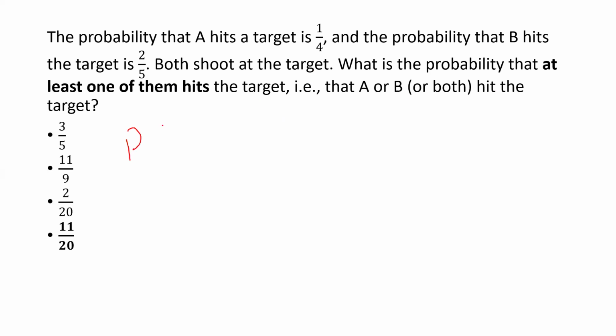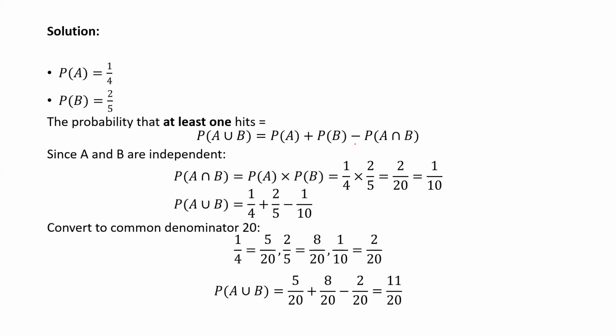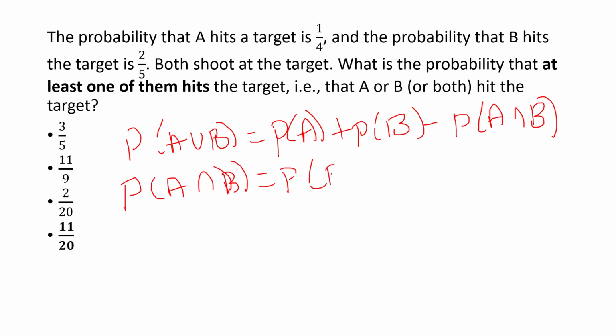We have to understand P of A union B equals P of A plus P of B minus P of A intersection B. And one more formula I told you while taking the probability: P of A intersection B is P of A dot P of B. So using that formula only we are going to do this now.